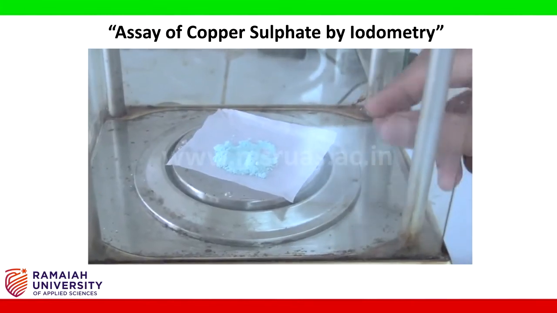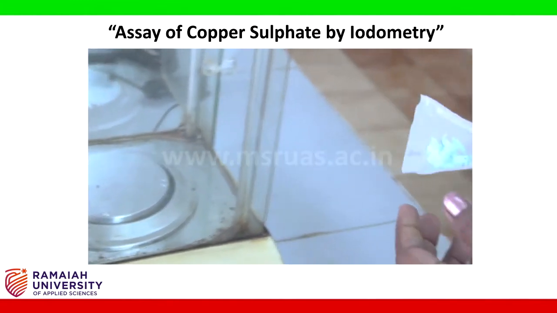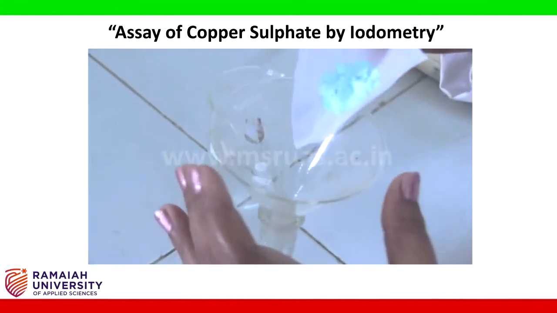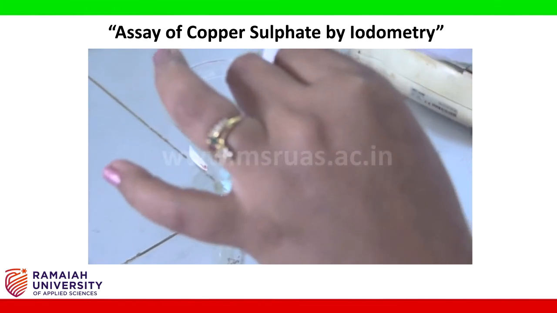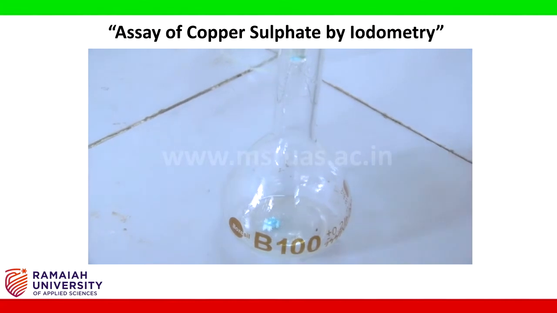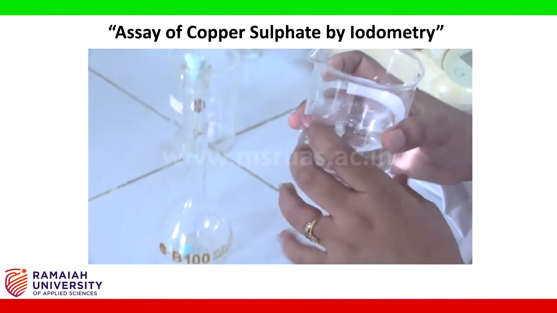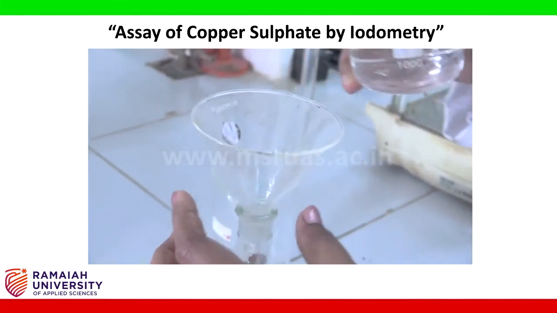Weighed 1 gram of copper sulphate is transferred to 100 ml volumetric flask using funnel. Make up to the mark using distilled water.